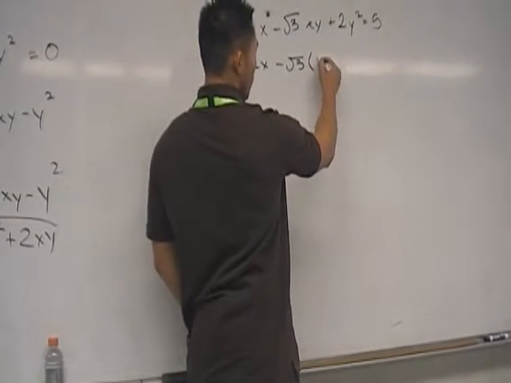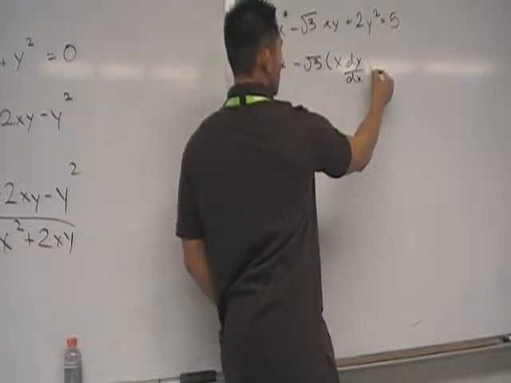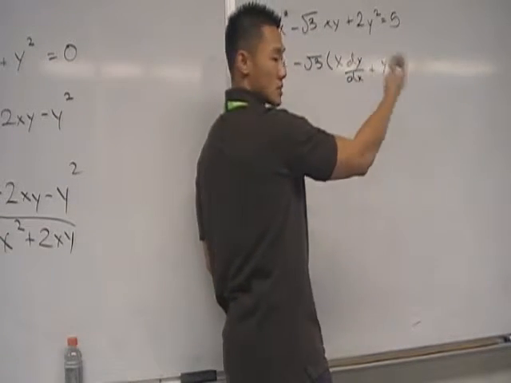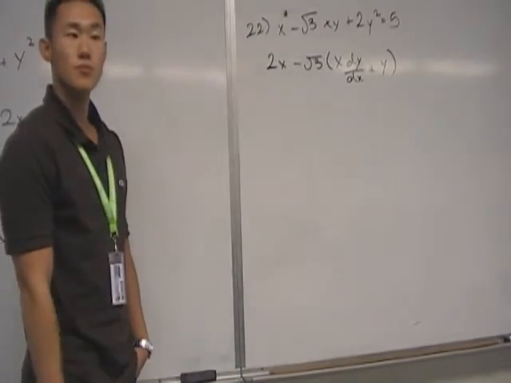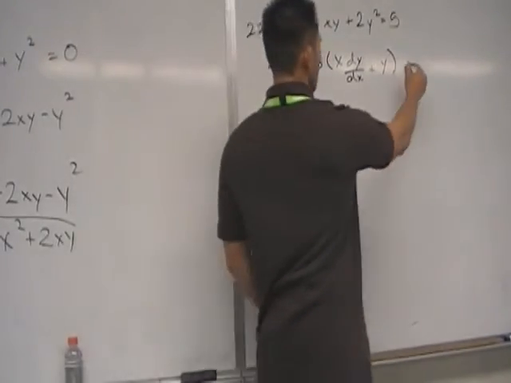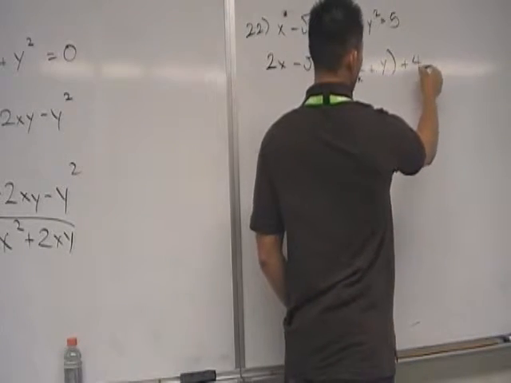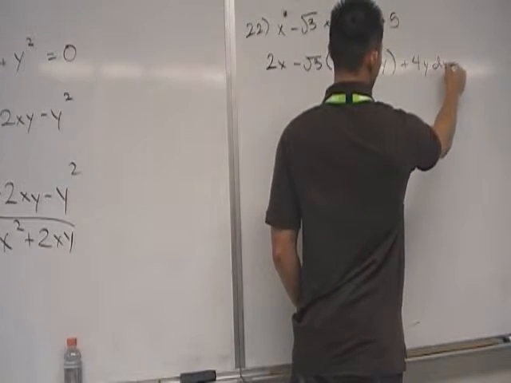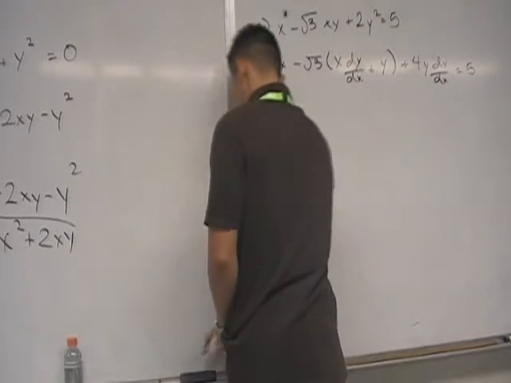So x times the derivative of y is x dy dx. Plus y times the derivative of x is just 1. Plus, so we're going to have the power rule here, 4y dy dx is equal to 0.